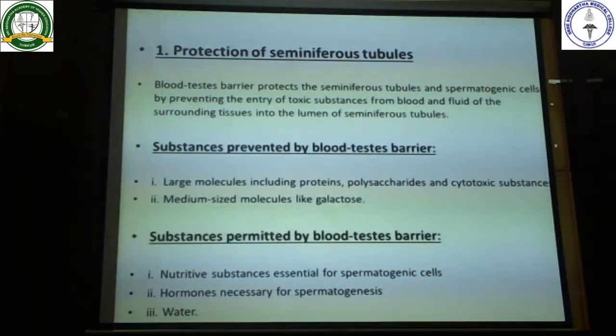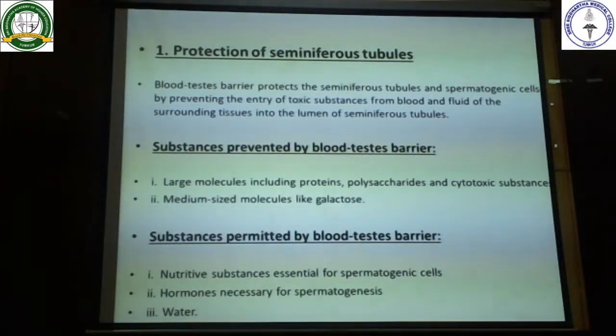And certain substances are permitted by this blood-testis barrier. So what are those substances? Number one is nutritive substances, because they are very essential for the normal development and growth of the spermatogenic cells. Second is the hormones, which are necessary for proper spermatogenesis to occur, so they have to be allowed to enter the seminiferous tubules. And third one is water, which is definitely required.